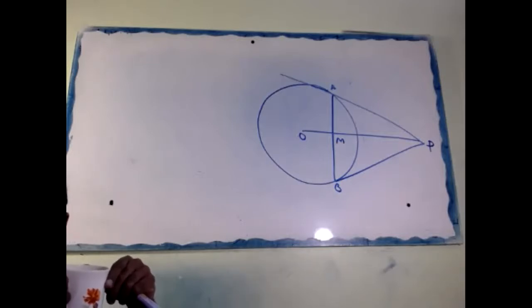Two tangents drawn from an external point P. Show that OP is the perpendicular bisector of AB.